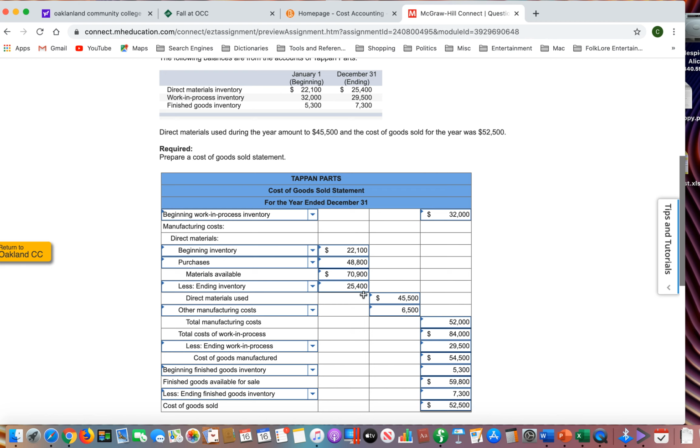If I ended up with 25,400 and I used 45,500, I must have had available a total of the two, 70,900. So if I had 70,900 available and I started with 22,100, I must have purchased 48,800, because 48,800 plus the 22,100 I started with gives me 70,900.